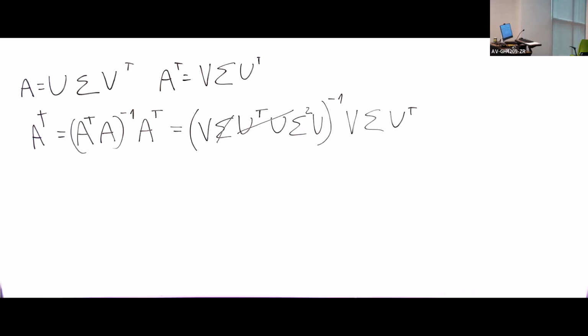All right, now we need to do the inverse. To do the inverse, we need to invert the order of all of the things. So we are doing the inverse of V sigma squared V transpose.